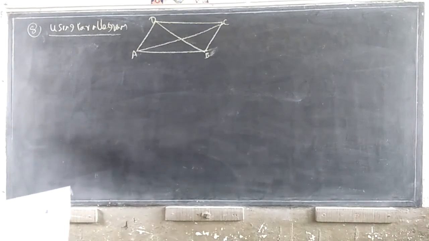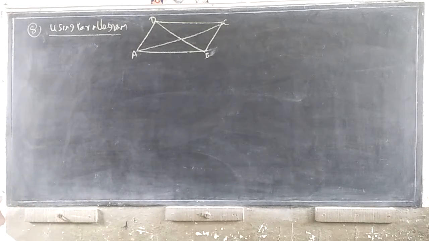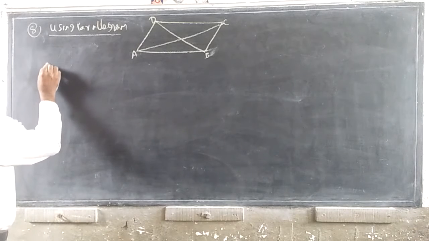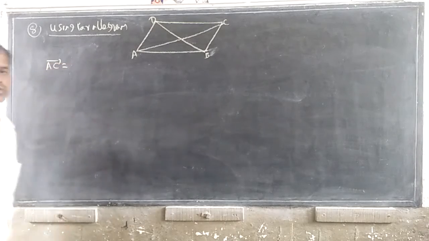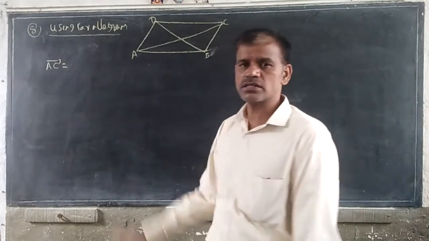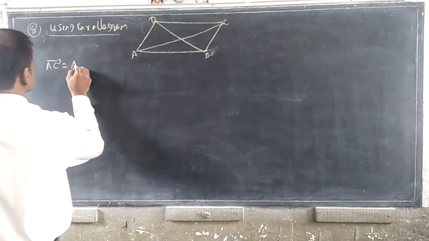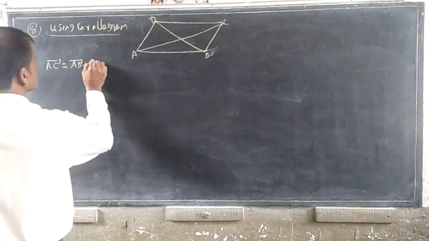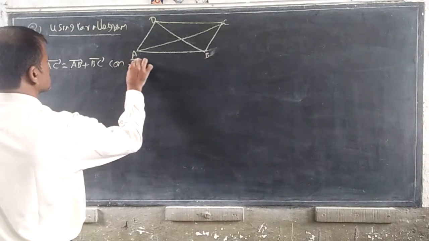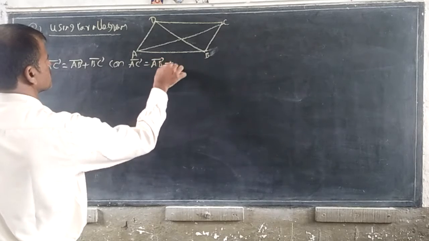Now we know that E is given as the midpoint, the diagonals bisect. Using the parallelogram law, the resultant vector of the diagonal is equal to the sum of the vectors of its adjacent sides. Now let us write AC is equal to AB plus BC, or we can write AC is equal to AB plus AD also.